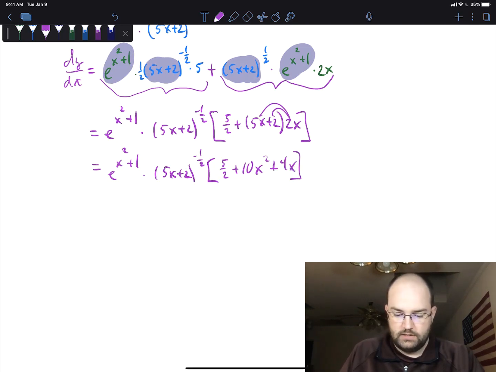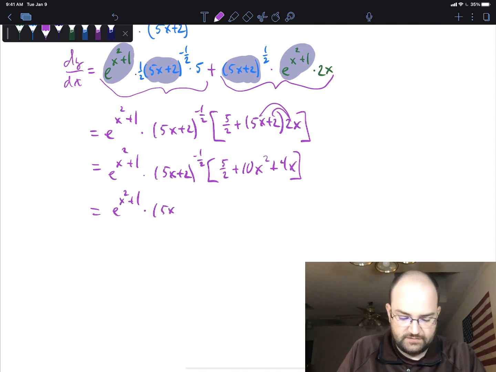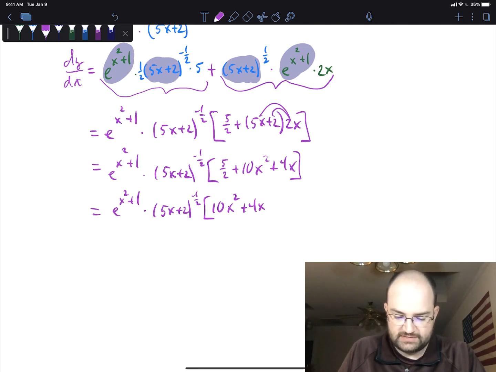Good. And then just write that in descending order. We have e to the (x squared plus 1) times (5x + 2) to the minus a half power. And then putting that in descending order, we have 10x squared plus 4x plus 5 halves.